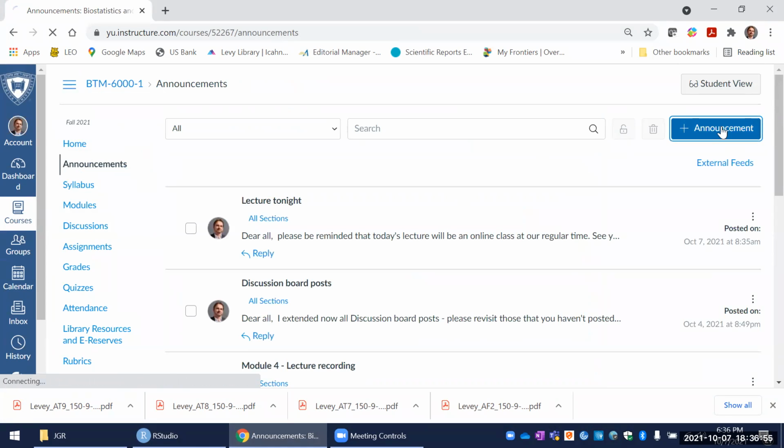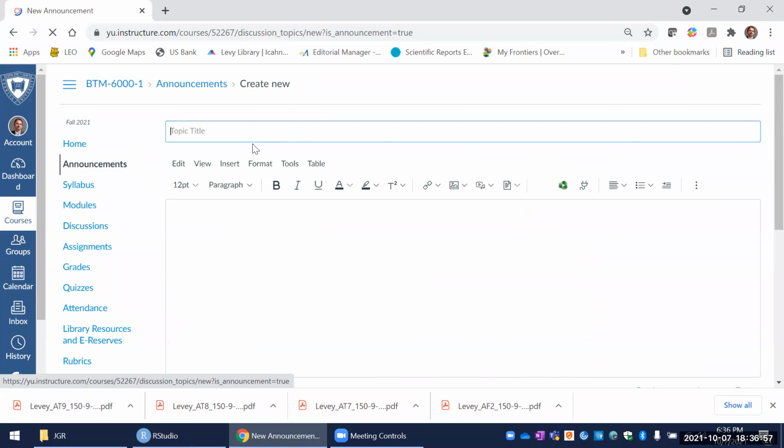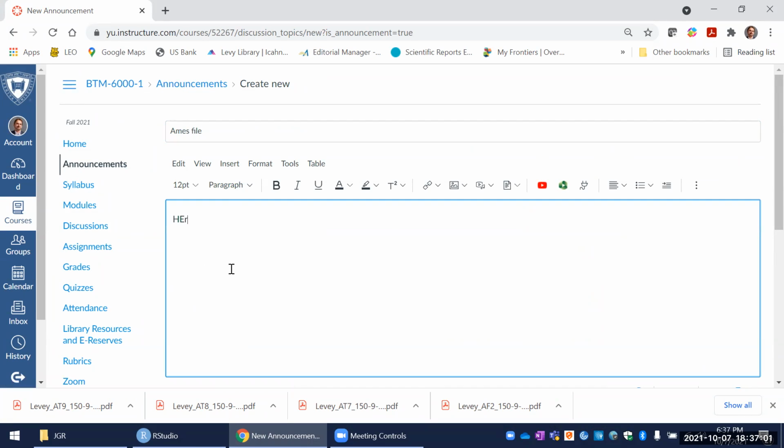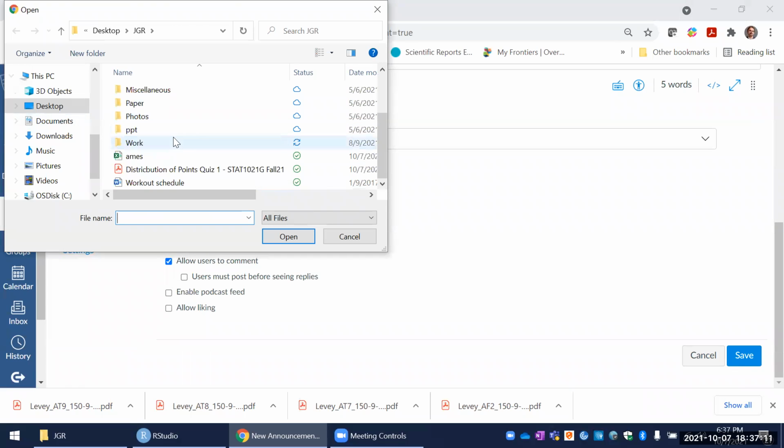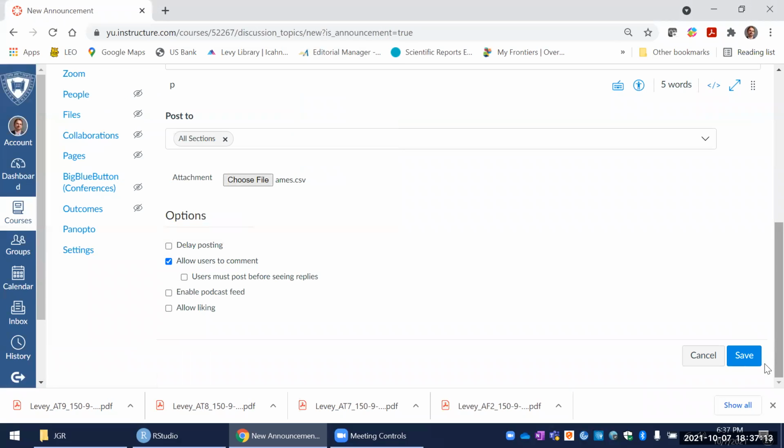Can you go on Canvas? Sure, Professor, I'm on Canvas. Okay. Are you using a Zoom version? Do you have Zoom installed? Yes, Professor, I have Zoom installed.